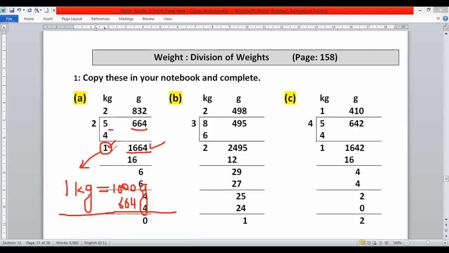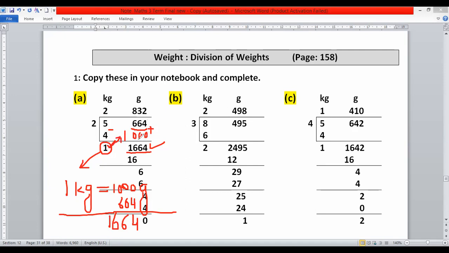When you add 1000 with 664, you get 1664. Here you can write 1000. From where do you get 1000? You are changing 1 kilogram into gram. 1 kilogram is equal to 1000 gram.